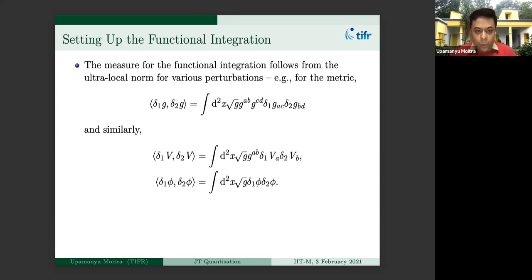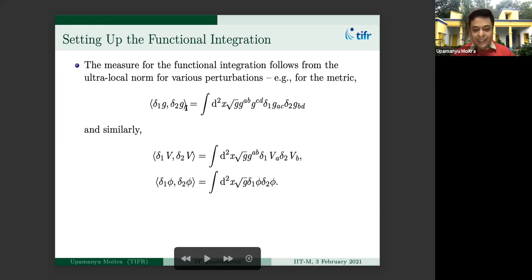So we want to set up the functional integration, but in order to do that, we need some measure for the functional integration. And we take what are known as the ultra local norm for various perturbations. For example, for the metric perturbation, let us say we have different kinds of perturbation, delta 1 g and delta 2 g, and the ultra local norm is defined by this quantity.